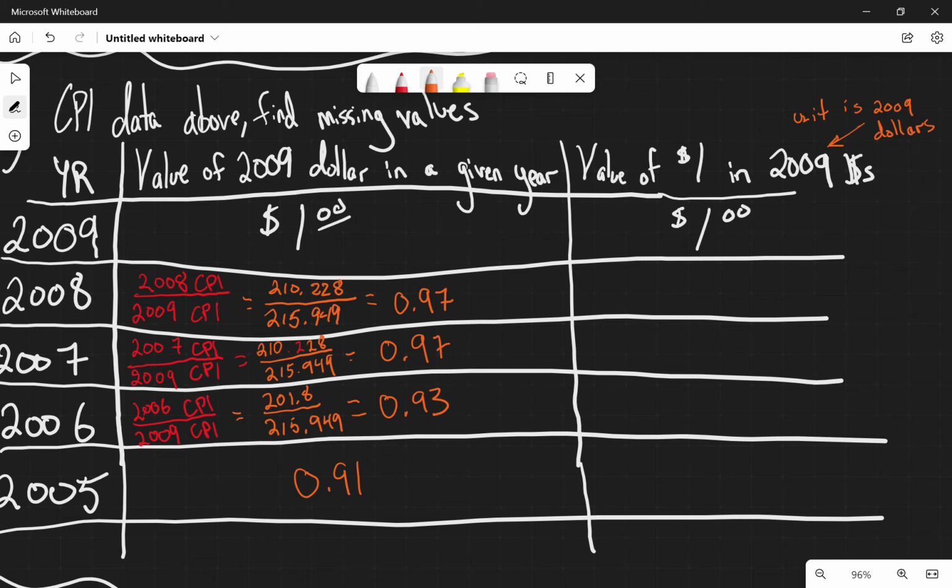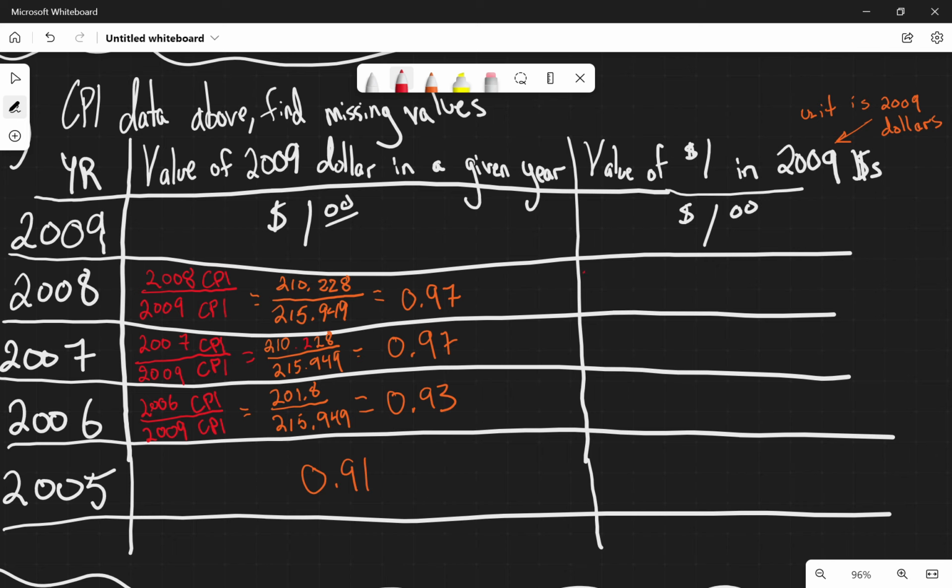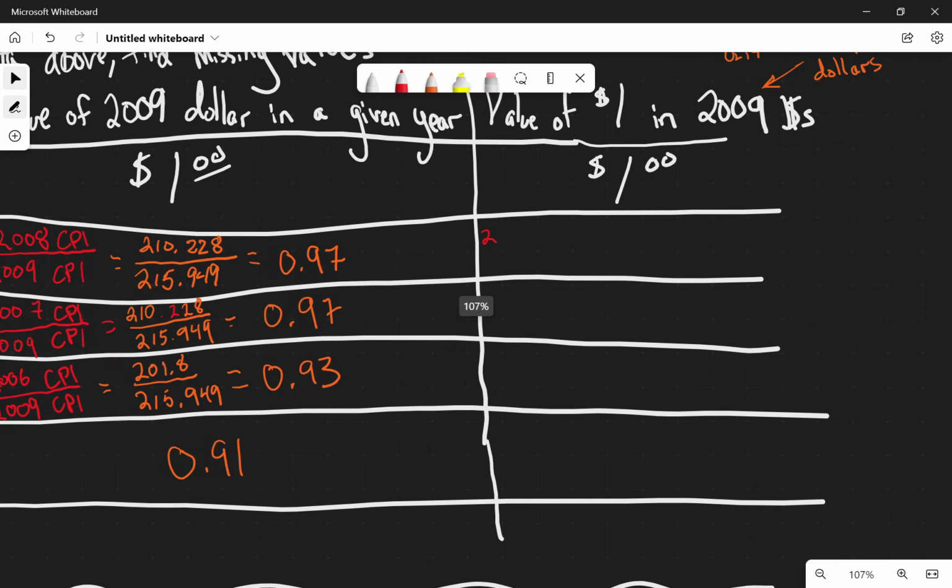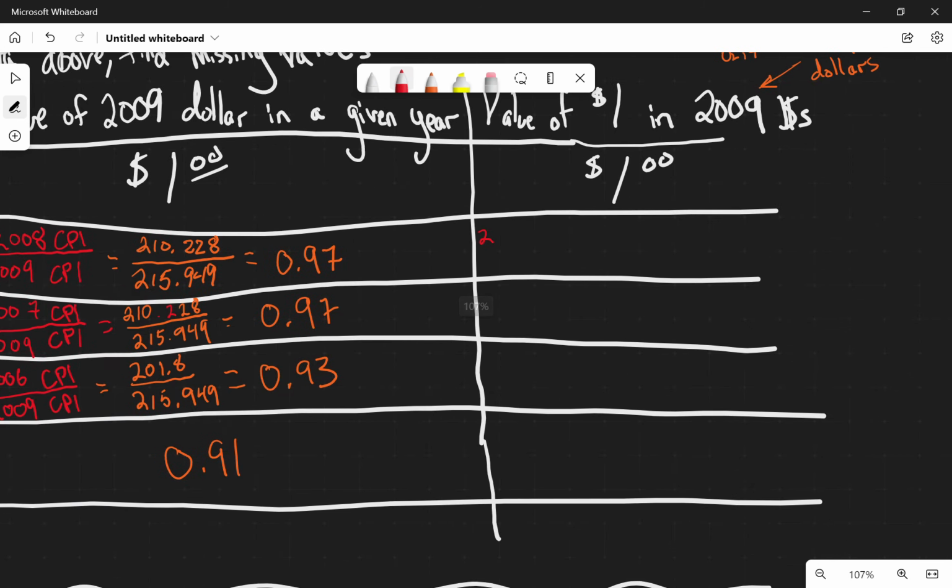So the value of $1 in 2009, to calculate this, we are going to use the 2009 CPI, which is, well, let's make it comprehensive here. So this is going to be 2009 CPI divided by the 2008 CPI.